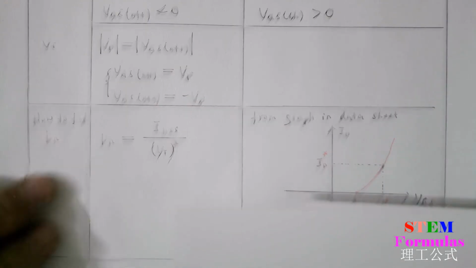The mathematical formulas for enhancement type MOSFET are the same as for depletion type MOSFET. I can repeat them again here.